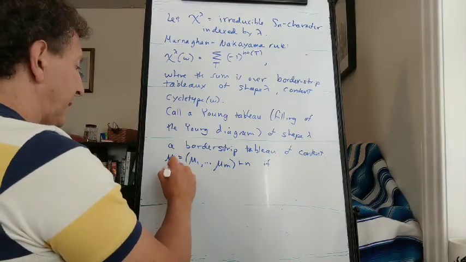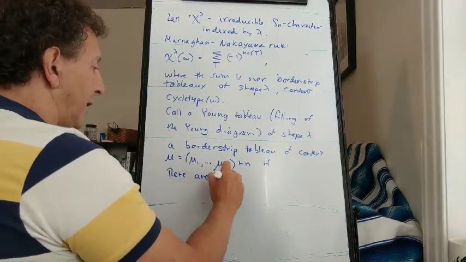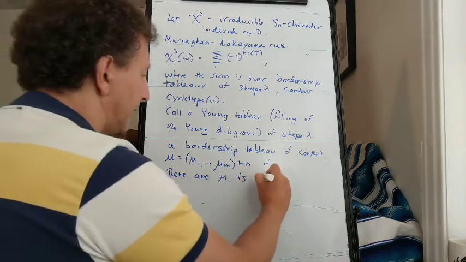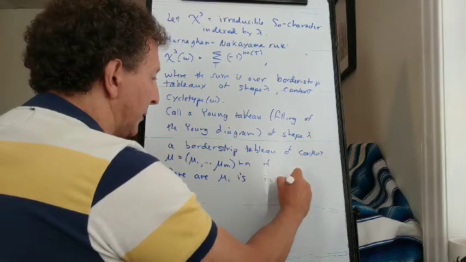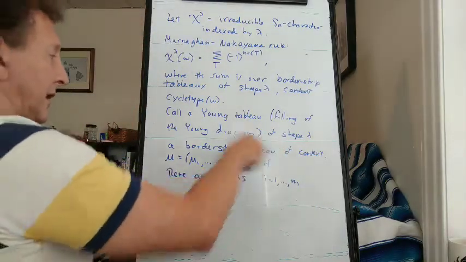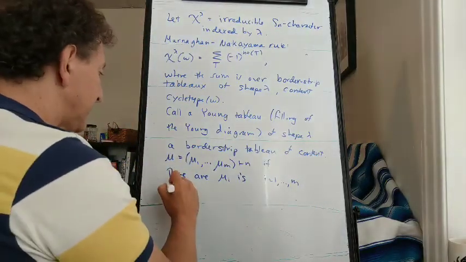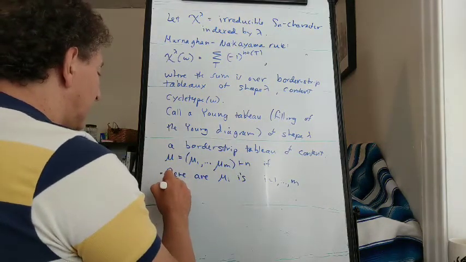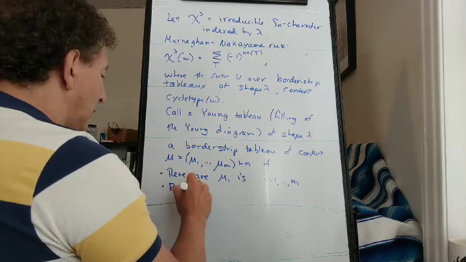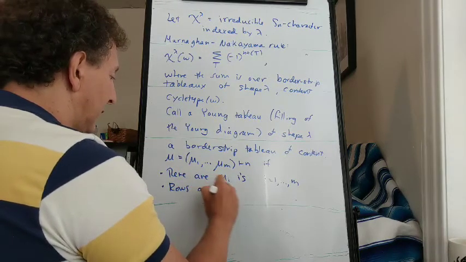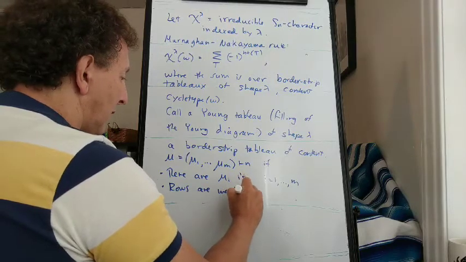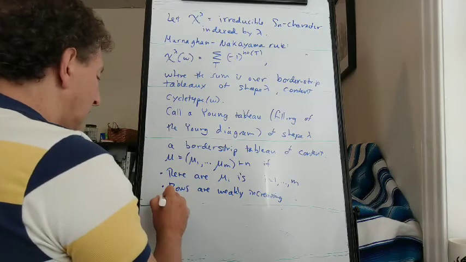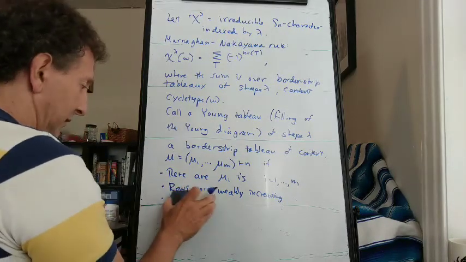If there are mu i's for i equals 1 to m, so that's what content mu means, and rows are weakly increasing, columns are weakly increasing.